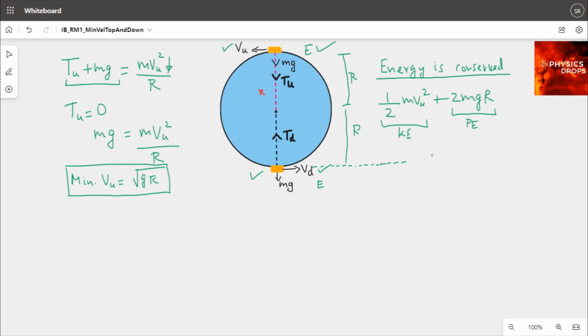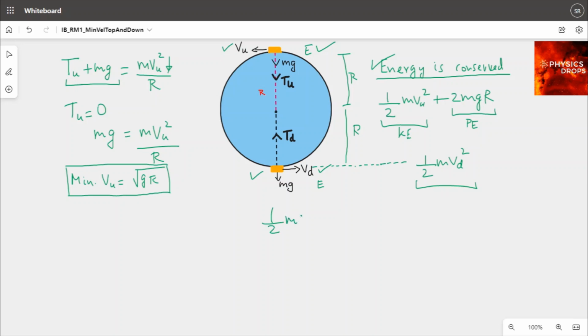So the kinetic energy at this position is given by half m, the velocity there is Vd, down, square. So now let's equate these two energies at the up position and the down position, because energy is always conserved. That's what we have assumed here, or rather, that's how the system behaves.